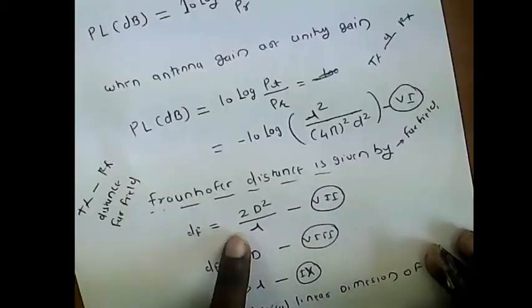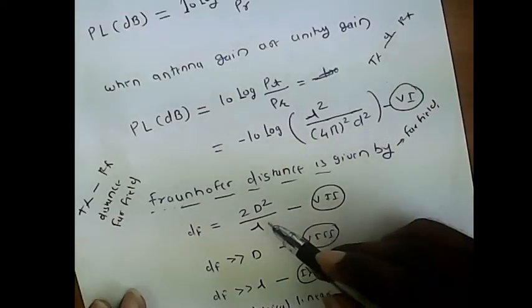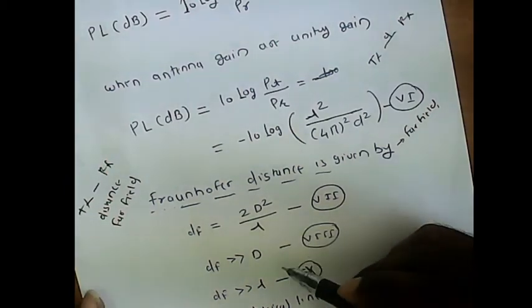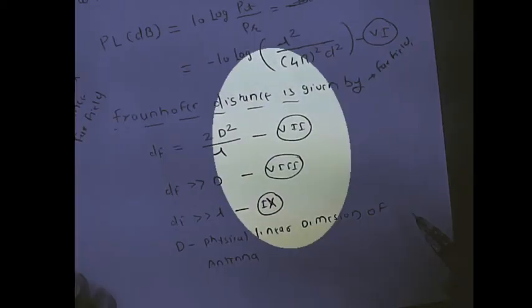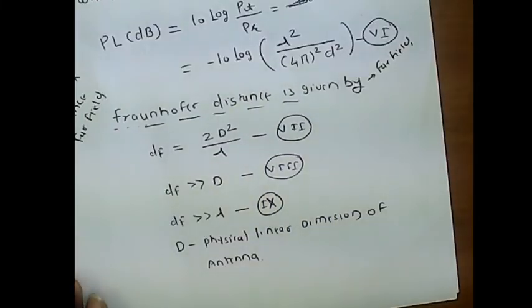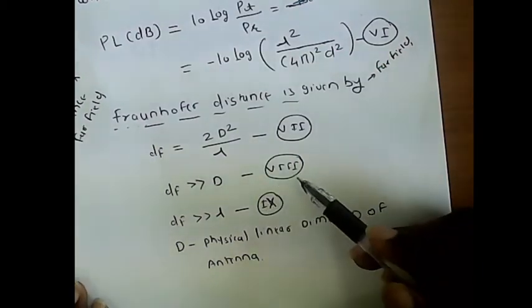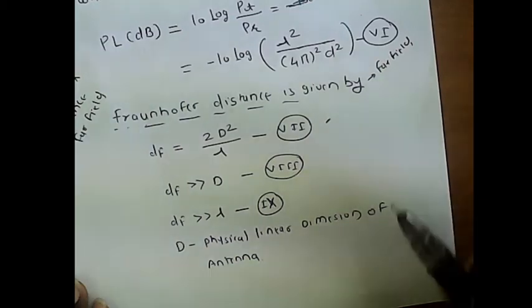The Fraunhofer distance d_f, which is the far field distance away from the transmitting and receiving antenna, is 2D² divided by lambda. D is the physical linear dimension of the antenna in meters, and lambda is the wavelength. So the Fraunhofer distance can be calculated using this formula, equation number 7.